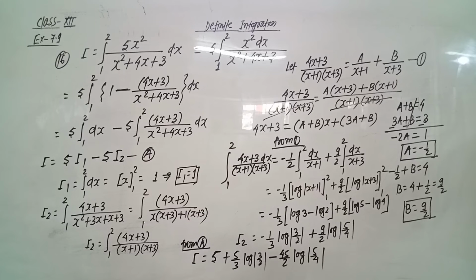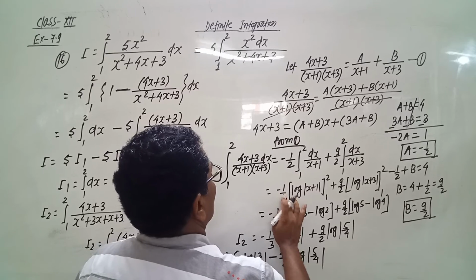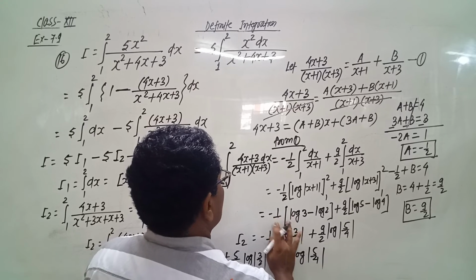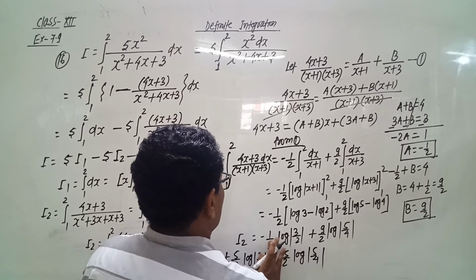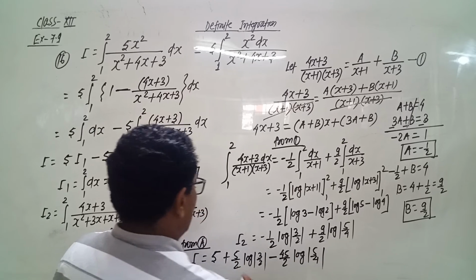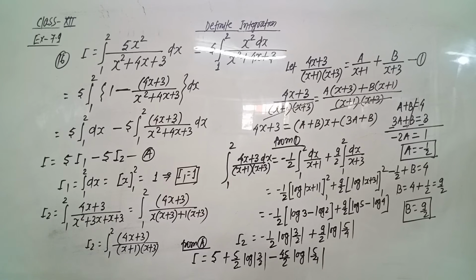So 5 plus 5 by 2 log 3 by 2 minus 45 by 2 log 5 by 4.